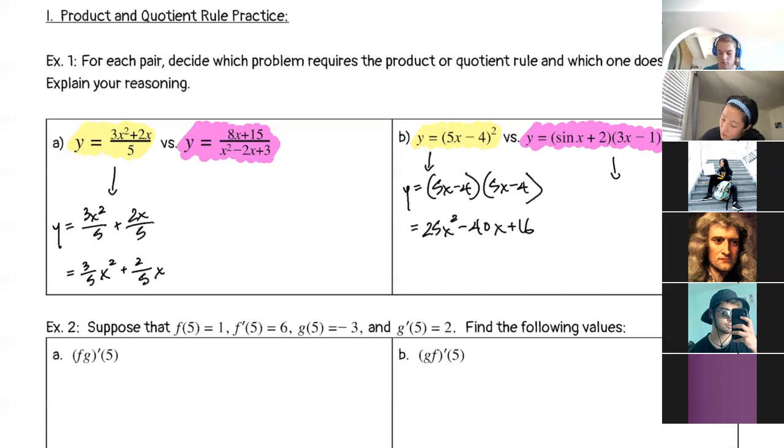Okay, so if I try to simplify this one, I get 3x sine x minus sine x plus 6x minus 2. Do we know how to take the derivative of this? Could you find the derivative of just minus 2?